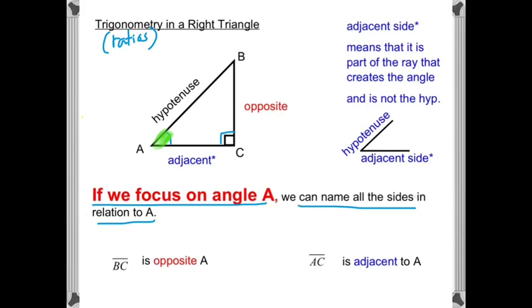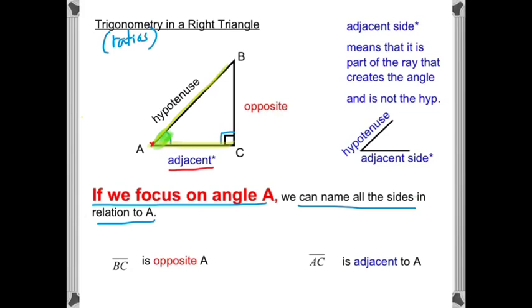All right, so there are the side lengths that make up the angle A, and if you recall, an angle is made up of two rays or two line segments that meet at a common vertex. So these line segments that I've labeled in yellow meet at the vertex A. Now these two line segments are going to be called something. One's going to be the hypotenuse, and the other one's going to be called the adjacent.